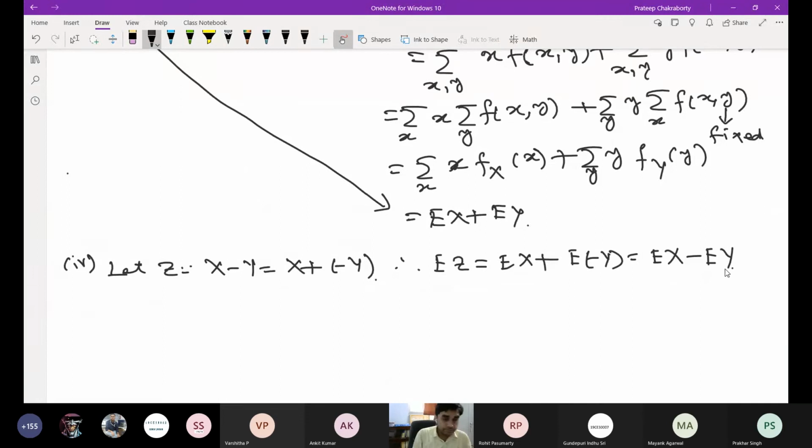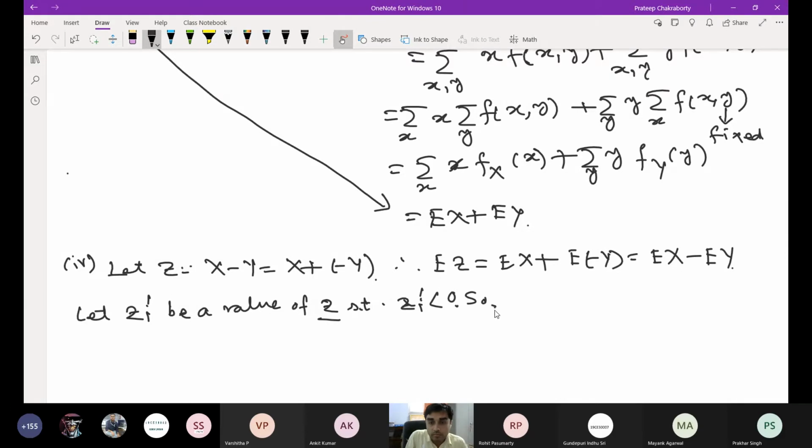Now let zi prime be a value of Z such that zi prime is less than 0.